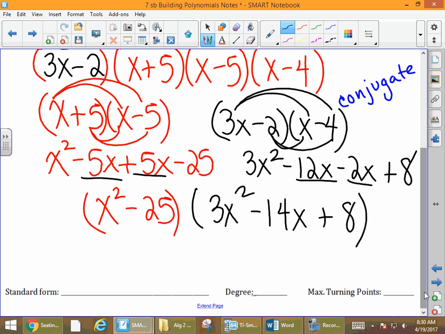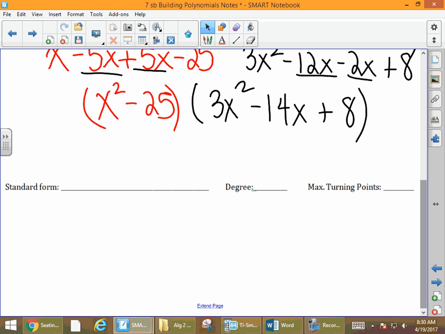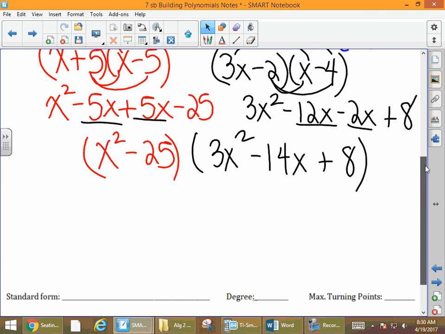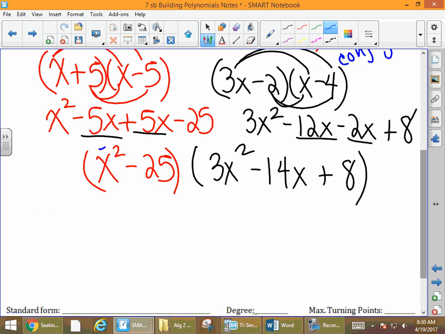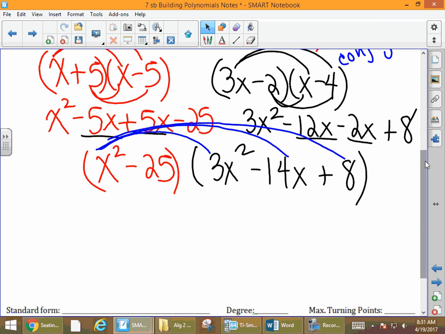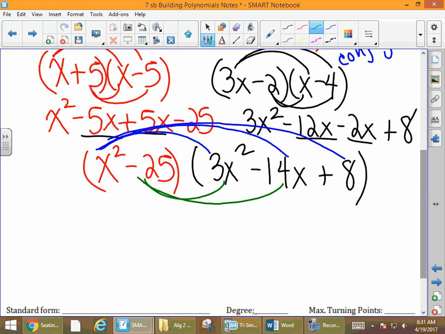And now we're going to multiply our red polynomial and our black polynomial together. When we do this, and this seemed to cause some trouble, we're going to take x squared and multiply it by this term, and this term. And then we're going to take the negative 25 and multiply it by this term, and by this term.